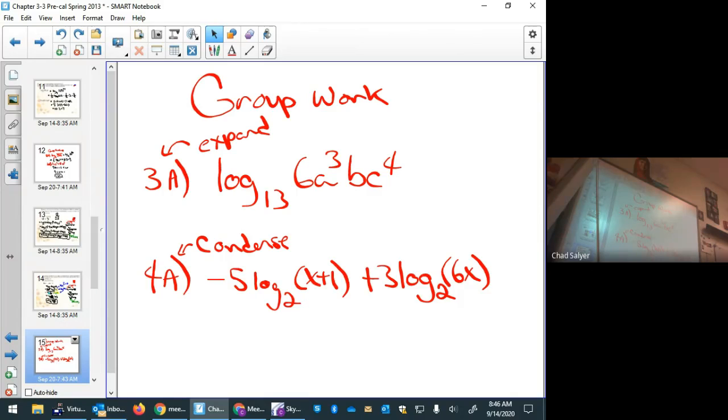You're welcome. How am I getting started on this one? So the very first thing you want to do is rewrite all those terms. So log base 13 of 6, plus log base 13 of cube, plus log base 13 of cube, plus log base 13 of 6. I'm a little confused on why it's not. Okay, this is still plus at this point. So what we're going to do is rewrite this like so.